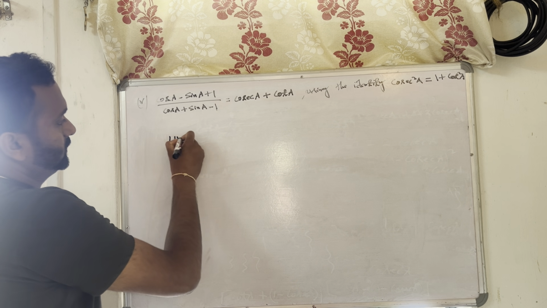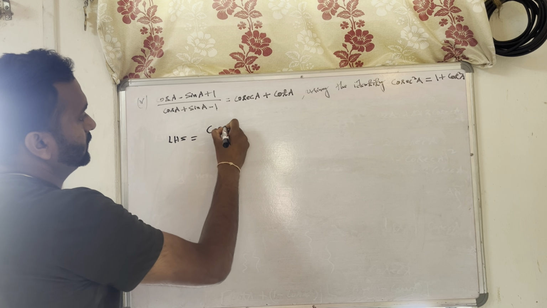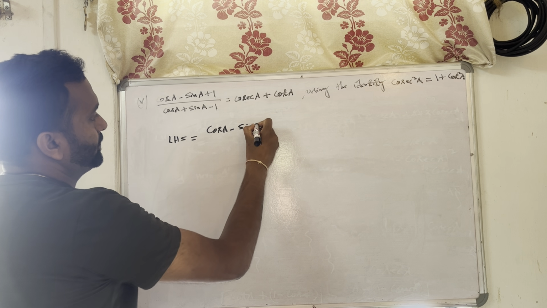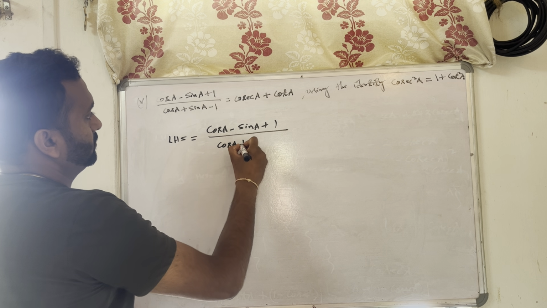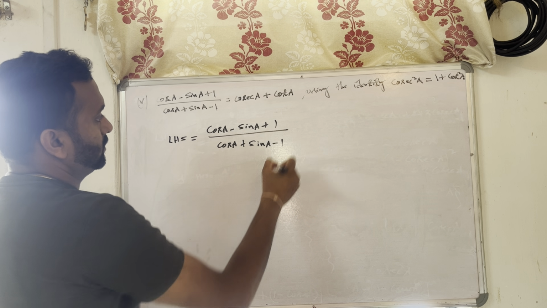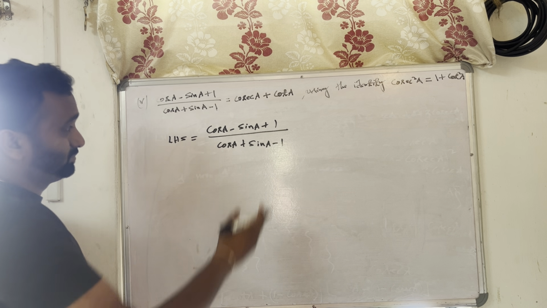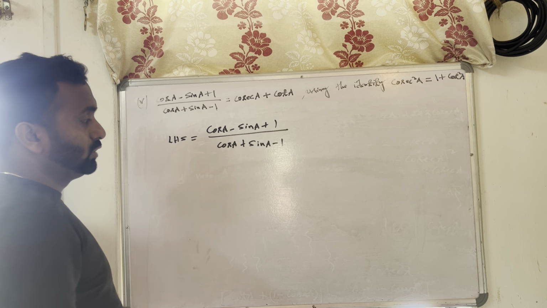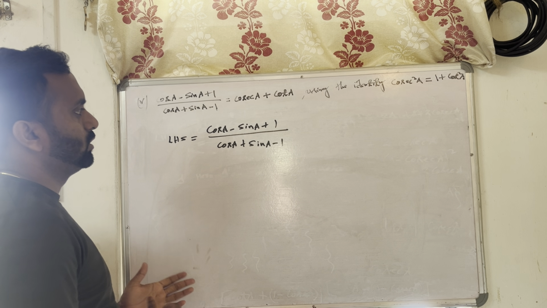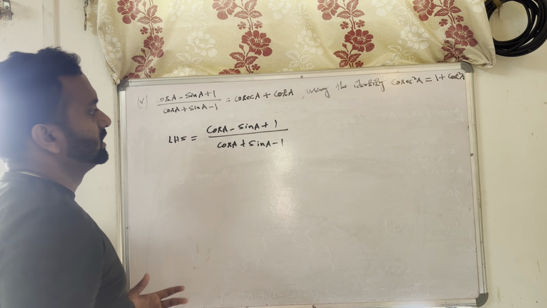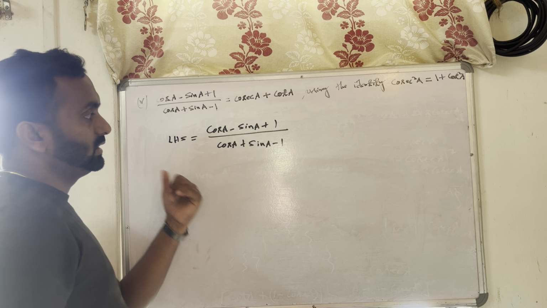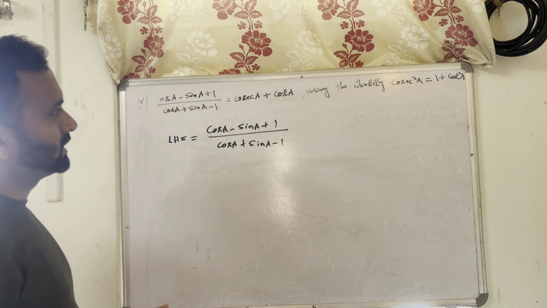So our LHS is (cos a minus sin a plus 1) divided by (cos a plus sin a minus 1). So look here, we will convert this in terms of cosec and cot. Since in our RHS we have cosec and cot, let's convert everything in terms of cosec and cot.